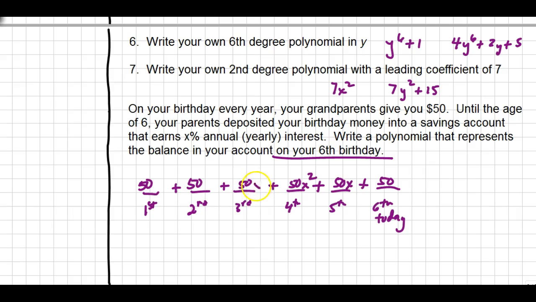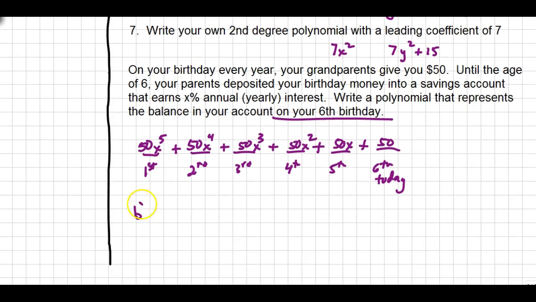And then you can see that that pattern is going to continue until we see that the money that you got when you turned 1 has now been in the bank earning 5 years worth of interest. So now that is a polynomial in standard form that represents how much money is in your account if your $50 you got on your 6th birthday got deposited today.